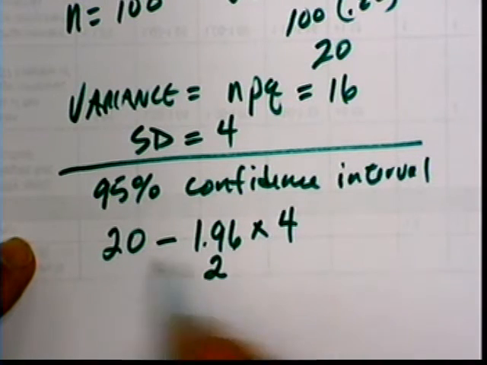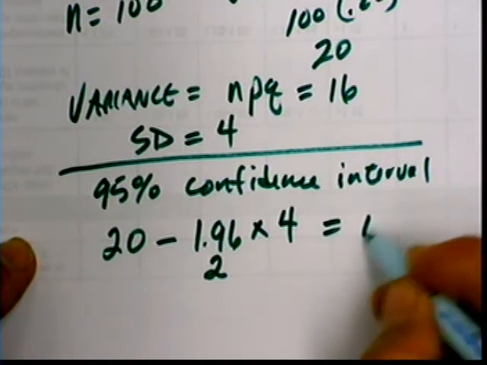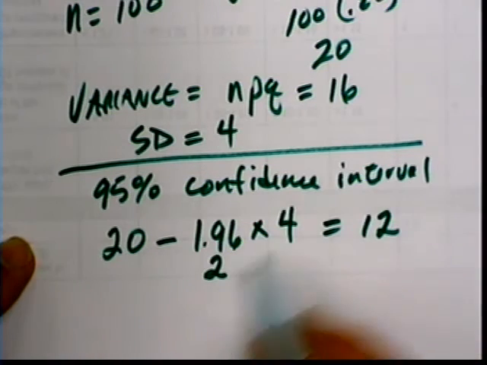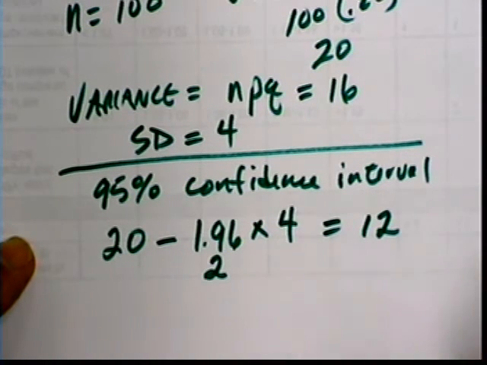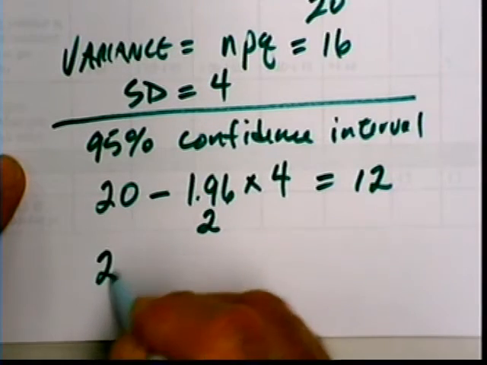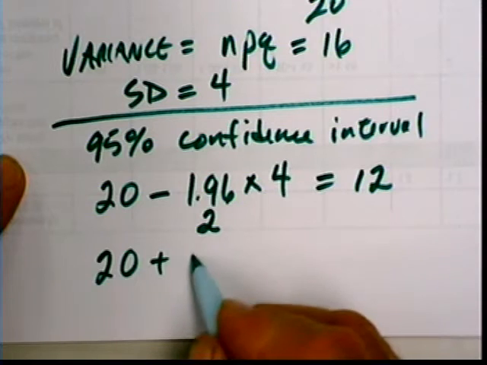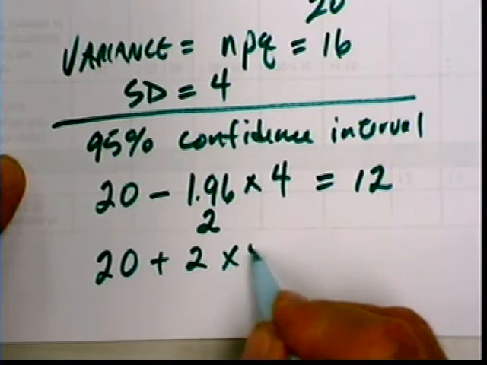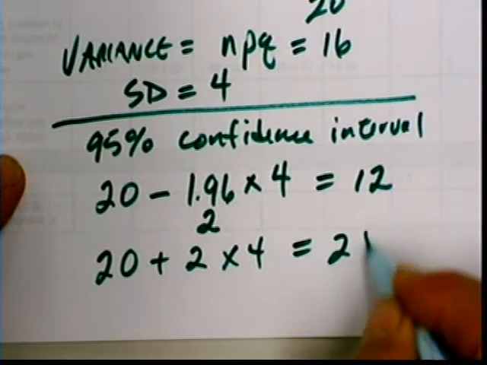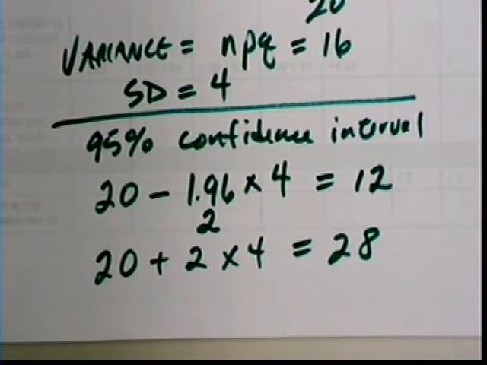So that means that the lower confidence limit is going to be 12. And rounding it off to 2 in this situation makes sense because this is a whole number, and you're going to end up with 12 M&Ms instead of 12 point some odd number. That's the lower confidence limit. The upper confidence limit is going to be 20 plus 2 times 4, which is 28. Now, what does that tell you?